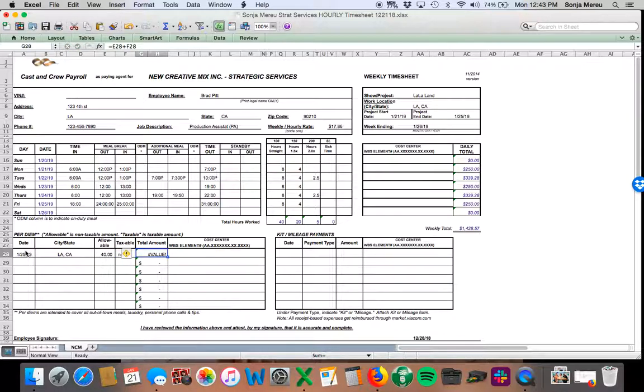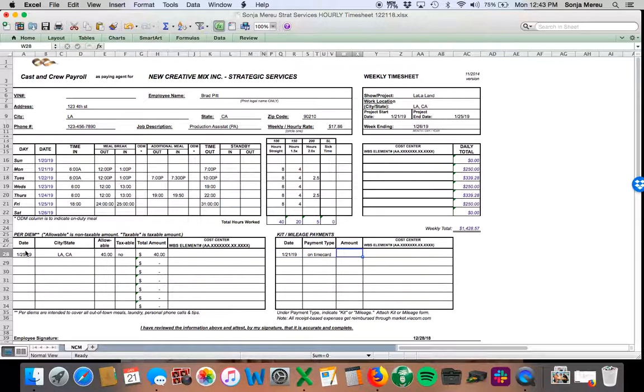And then from there on, they can tell you if there's a code associated. Same with your kit. So let's say you have a kit fee for every day of the week. Then you would write the date here. The payment type would be probably on time card, because typically you get your kit paid with your paycheck on your time card.